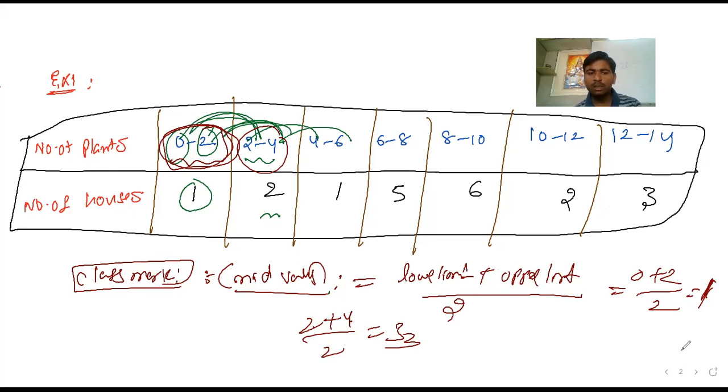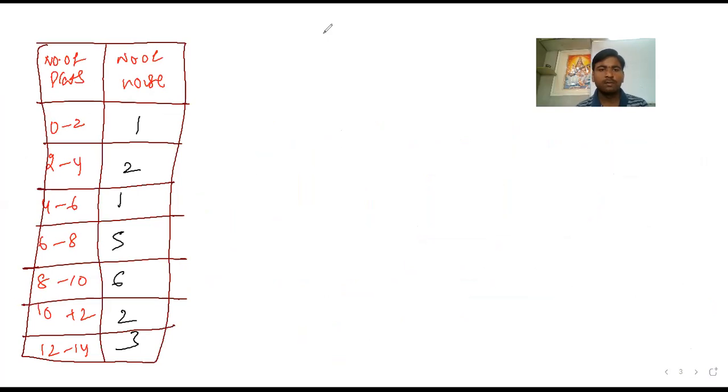To understand class mark clearly, let us take one example. For this case, the same question I wrote. The class mark notation is x suffix i, Xi.